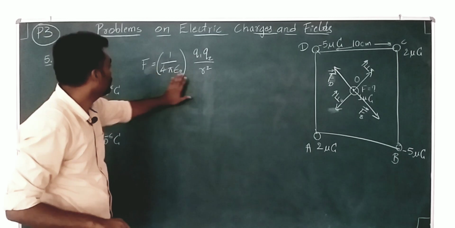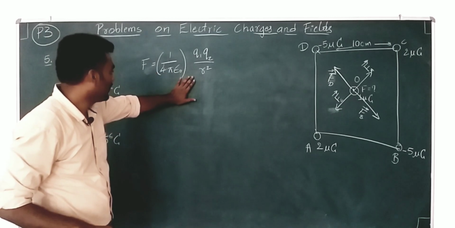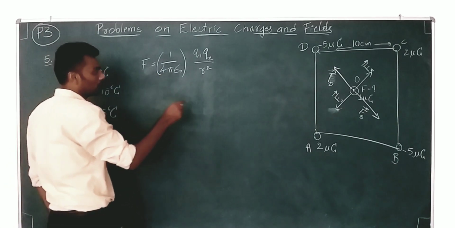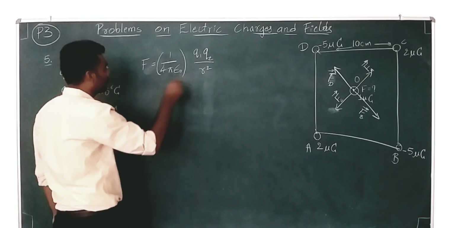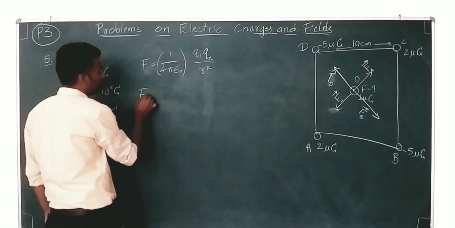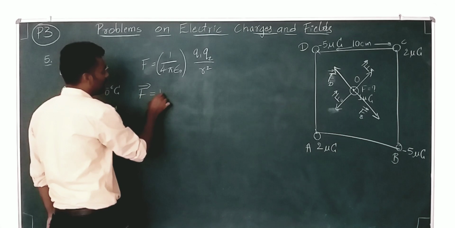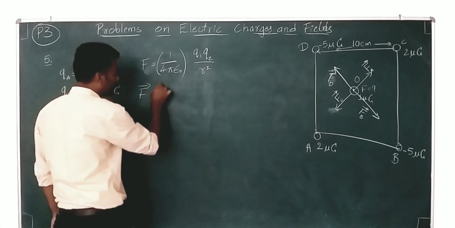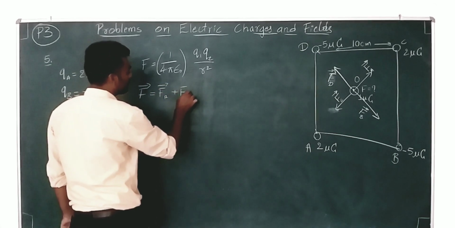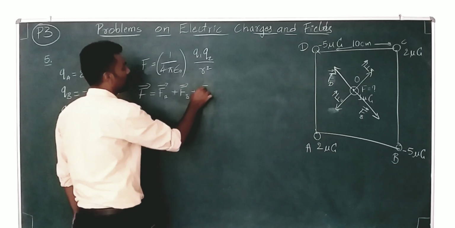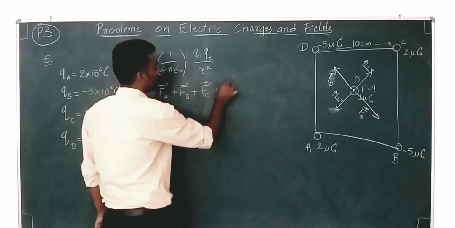Fine. So this is the general formula, and what we need is 4 different forces due to 4 charges present here. So net force F is equal to the vector sum of FA plus FB plus FC plus FD.